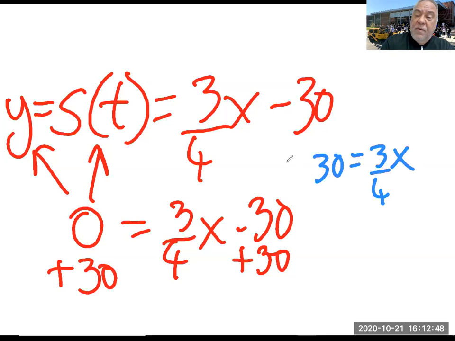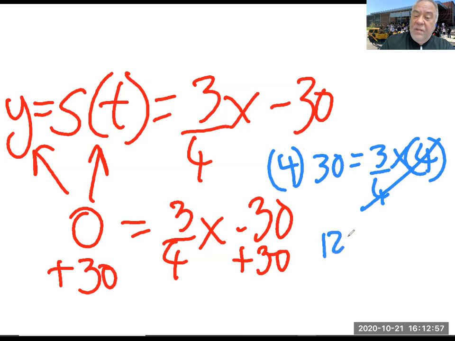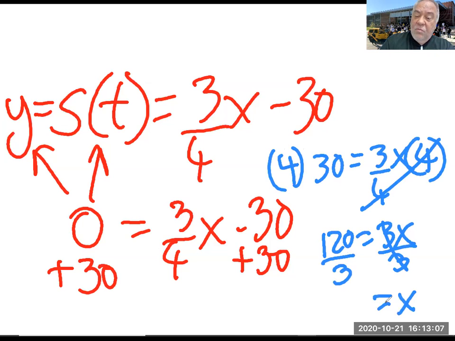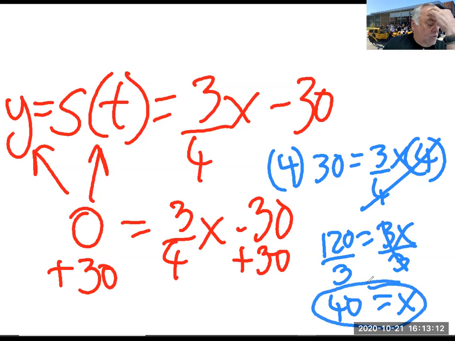I multiply both sides by 4. 4 times 30 is 120. Then divide both sides by 3. So the 0 is when x is equal to 40. Along the x-intercept, y is equal to 0.